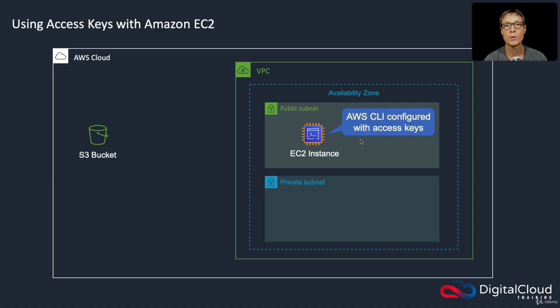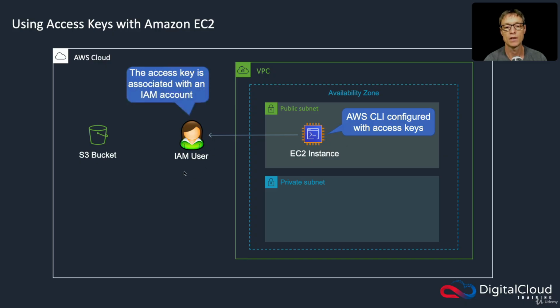So this way is that you actually install something called an access key on your EC2 instance. So access keys are configured through the command line interface, and they will provide the permissions that your S3 bucket is looking for so that you can authenticate and access data in the bucket. So you configure the access keys on your EC2 instance, and those access keys are actually associated with an IAM user account, and they will pick up whatever permissions are assigned to that user account.